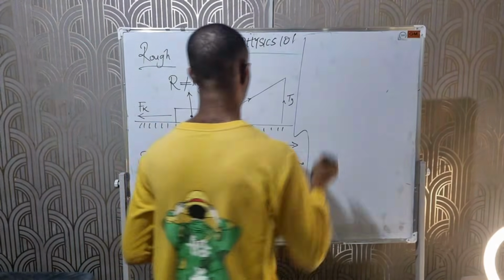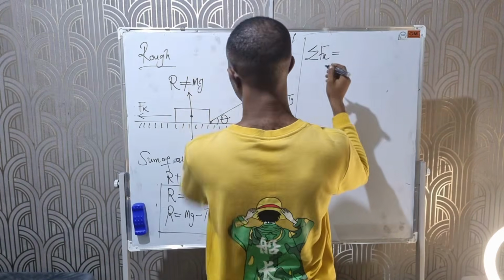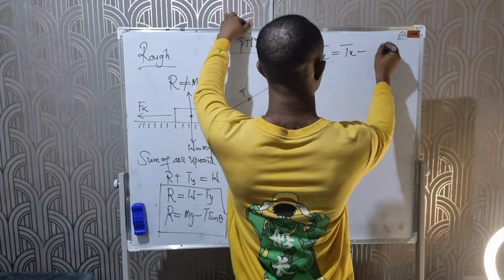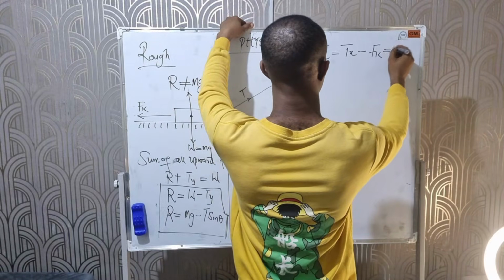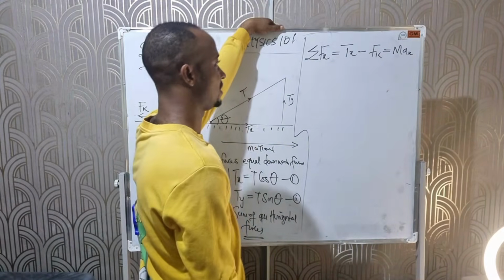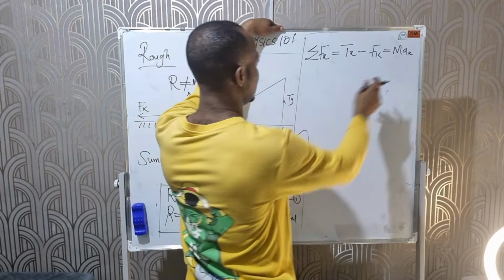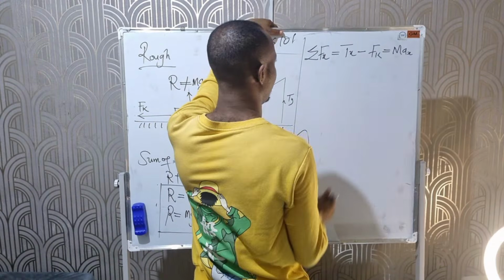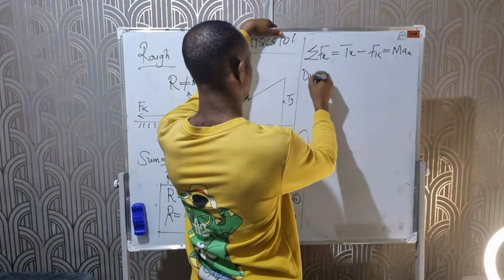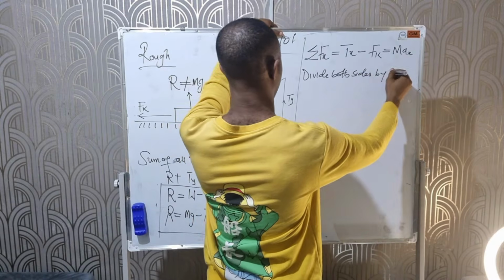Now let's go. So that means the sum of all the horizontal force will be Tx minus Fk, all equals to mass times acceleration along the horizontal axis, right? From here we can determine our value of acceleration by dividing both sides by the mass.